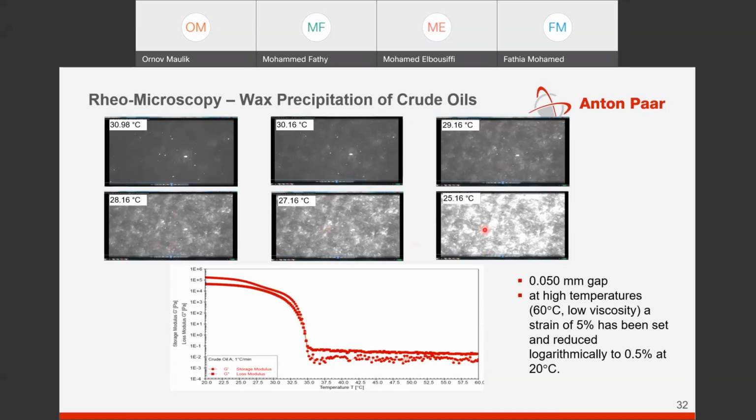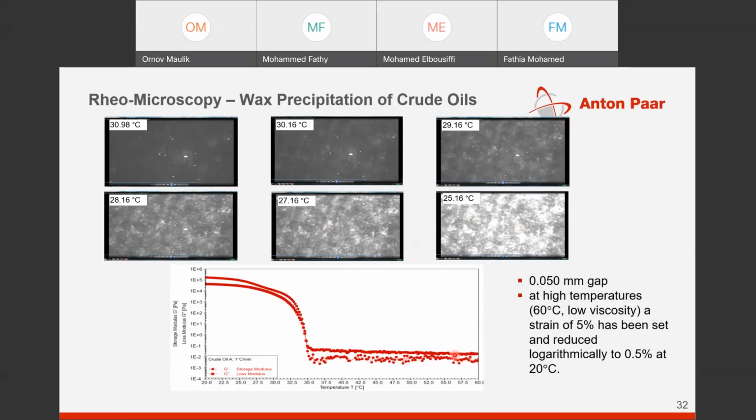And at a lower temperature of, say, 25 degrees Celsius, you can say that it has turned into more like a viscoelastic solid. Initially, it was a viscoelastic liquid. You can see over here, sorry, the dominant one with the square symbols is G double prime, and the lower one is G prime.